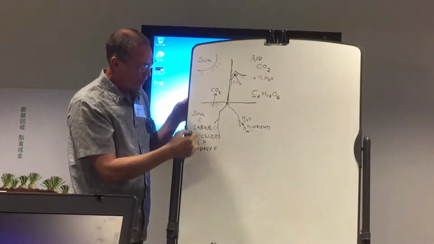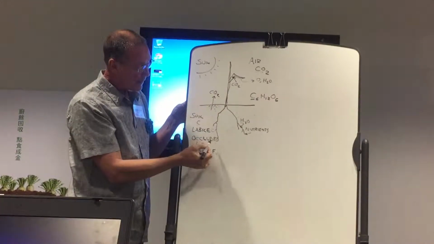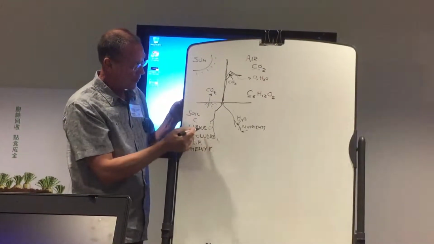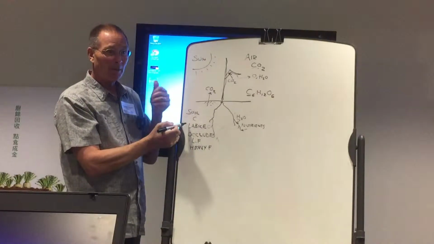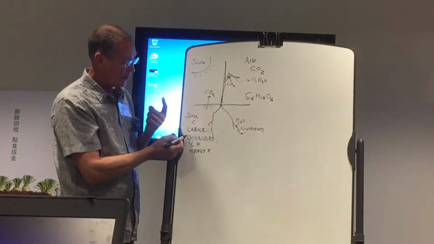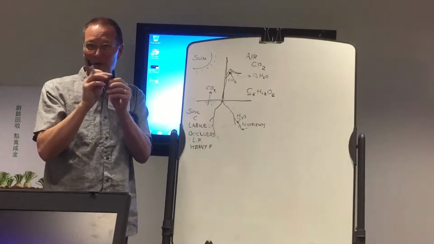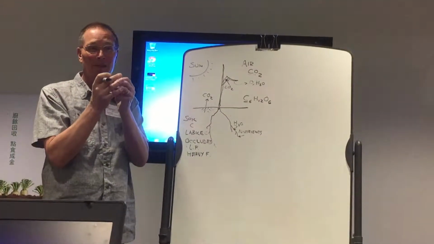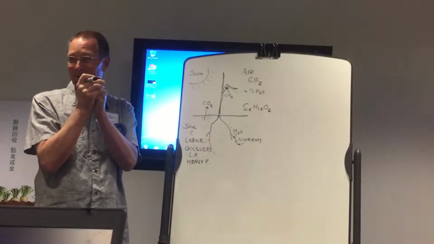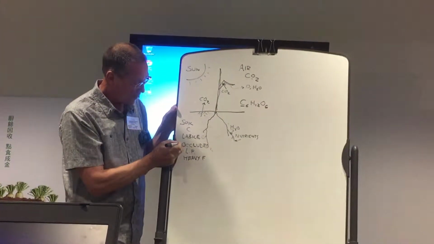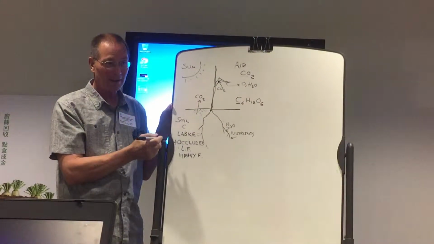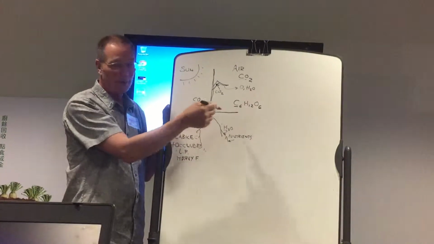So there's a lot of difference between the types of carbon. Labile carbon is in the plant tissue. Occluded light fraction is when carbon in the soil starts to accumulate. This is good, this is humus. It's sticky, and it changes the water holding capacity. It changes the electrical properties.